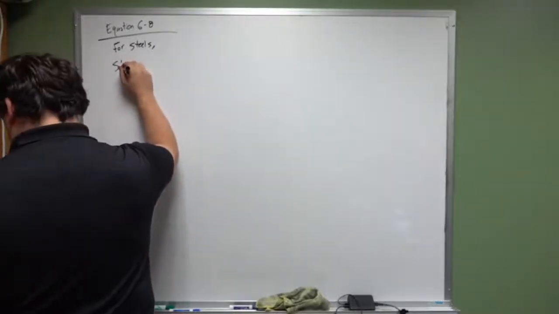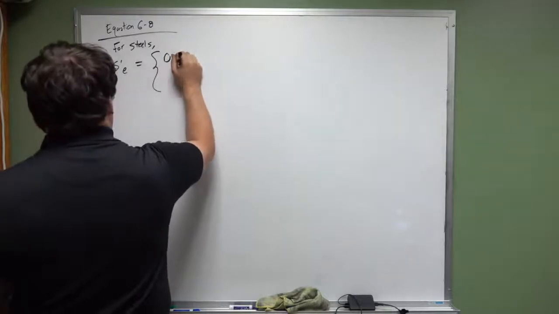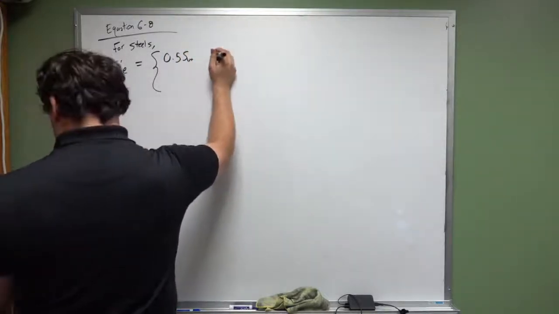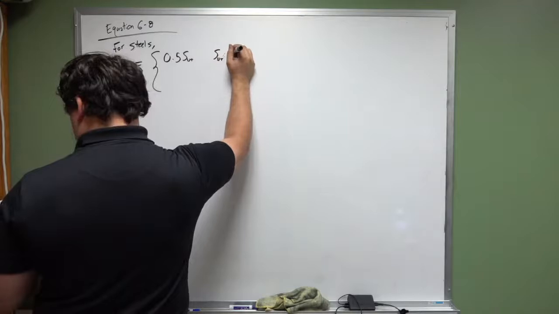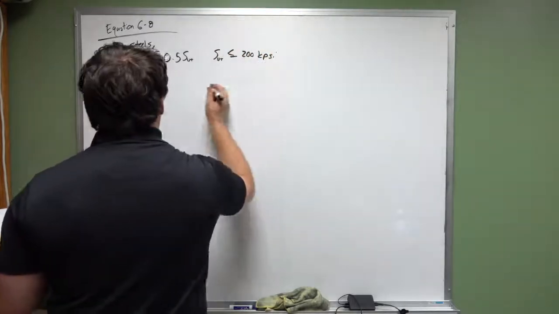S prime E is equal to one of three values. 0.5 times the ultimate tensile strength if the ultimate tensile strength is less than or equal to 200 kpsi.